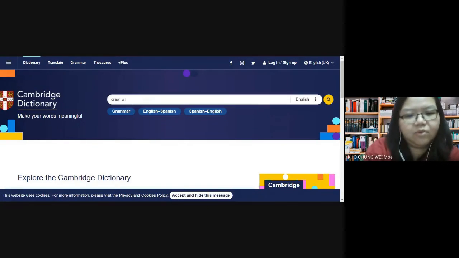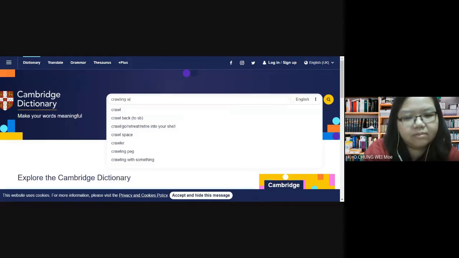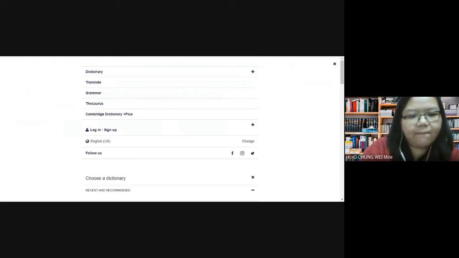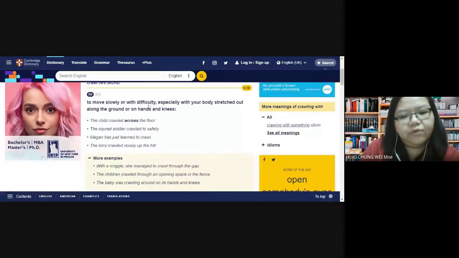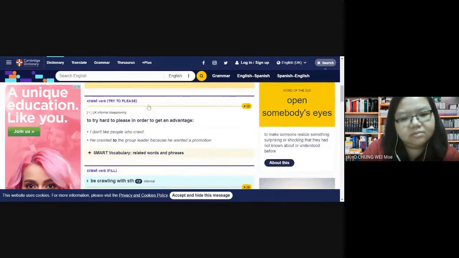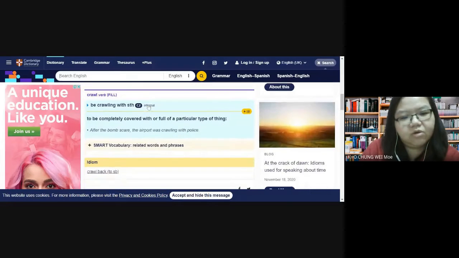Right, what do we mean by crawling with? Okay, you have the word crawl. Right, what does the word crawl mean? And this is what we meant by a phrasal verb. Crawling with something means completely covered with or full of a particular type of thing.